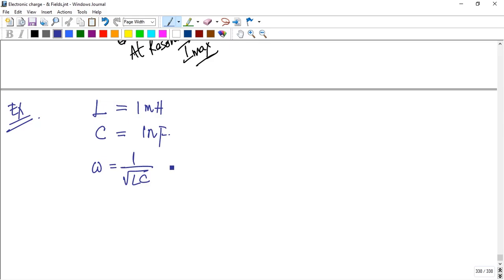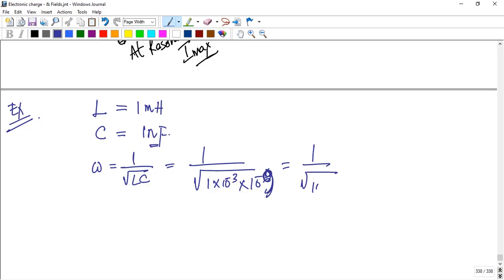Here L means 1 into 10 to the power minus 3, and nano means 10 to the power minus 9. So 1 by root over of 10 to the power minus 12, which is 1 by 10 to the power minus 6, because root is 2 to the power half. So here, 10 to the power 6 rad per second.